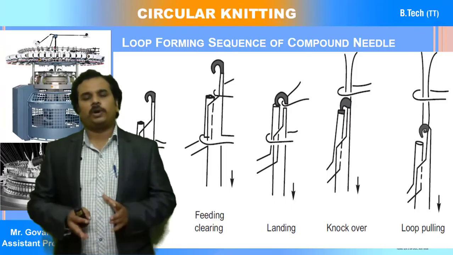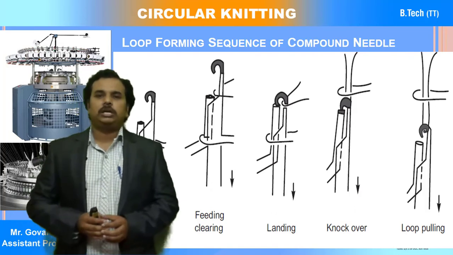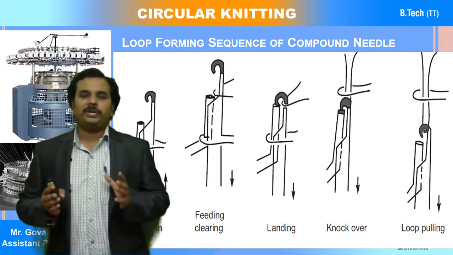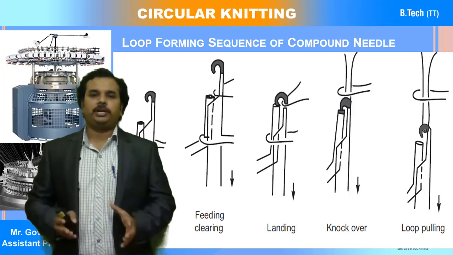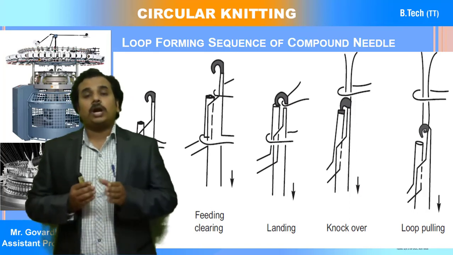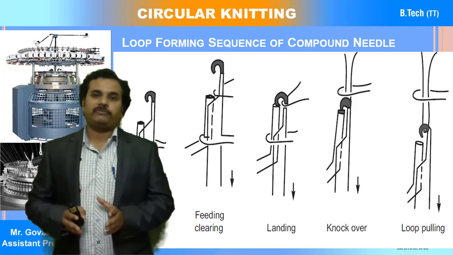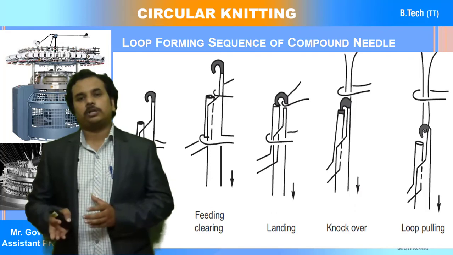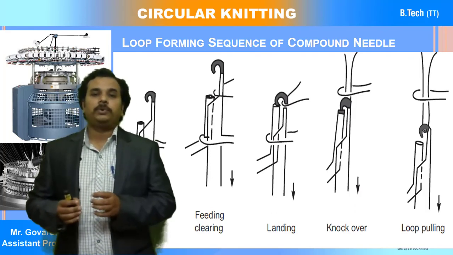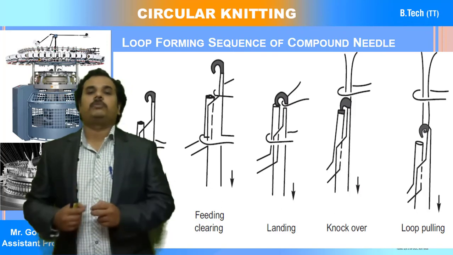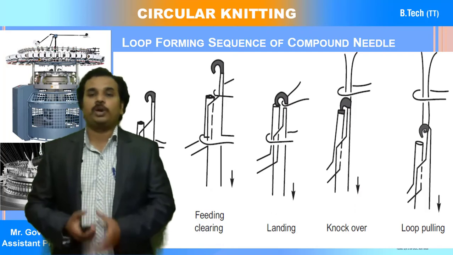Overall, in this session we have discussed the different types of needles we use in knitting technology or knitting machines, and the loop formation sequence of all 3 types of needles. We have also seen the patented needle and how the loop is formed using it.